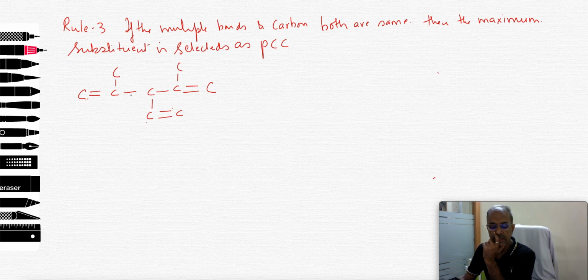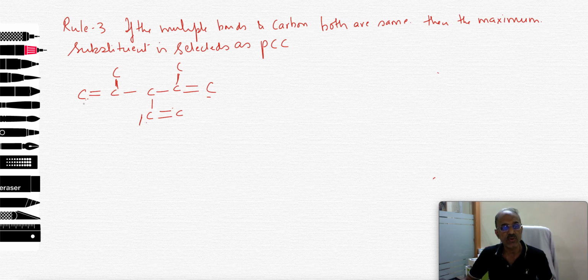I should go where there is the maximum number of substituents. So if I go like that, here how many substituents are there? Only one substituent. But if I go straight, there is one substituent here and one substituent here. That means two substituents are present.